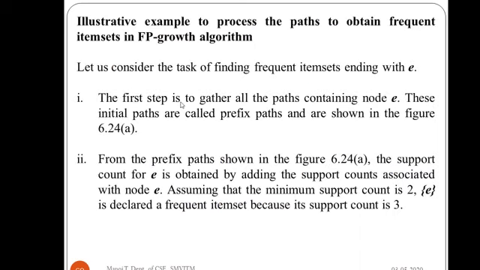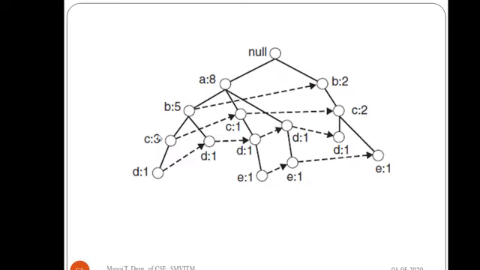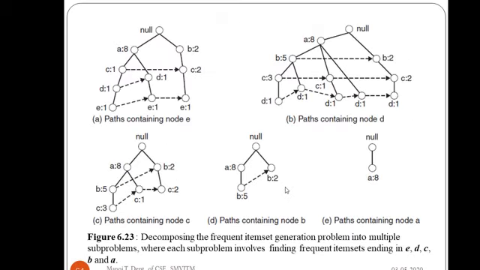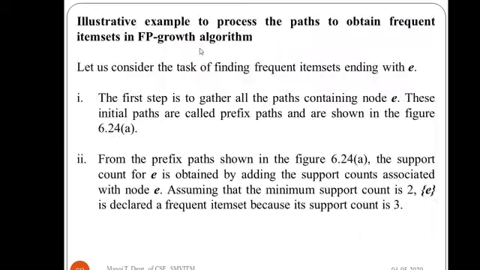First step is to gather all the paths containing node E. How do you do that? You get the FP tree. From this you get all the paths containing the node E. That is being put over here. So that is the first step, to gather all the paths containing node E.